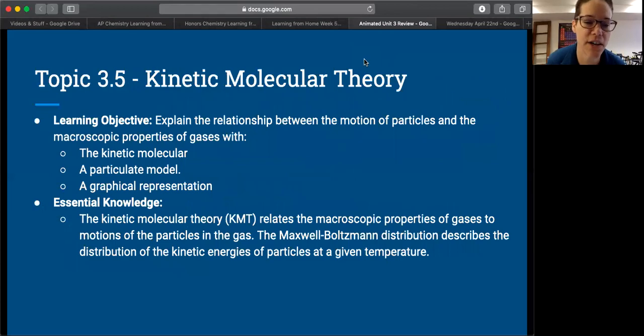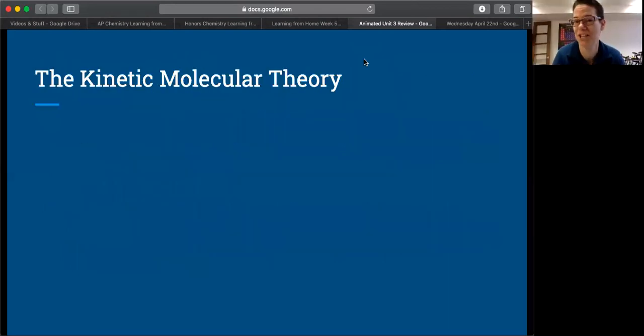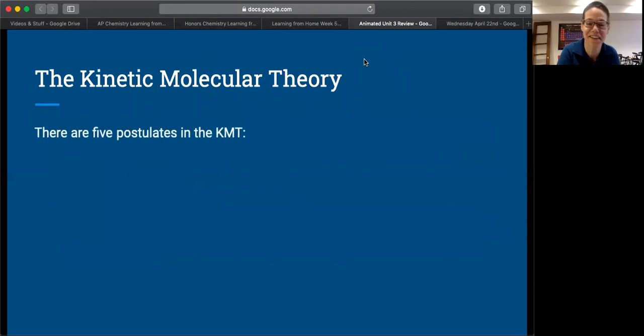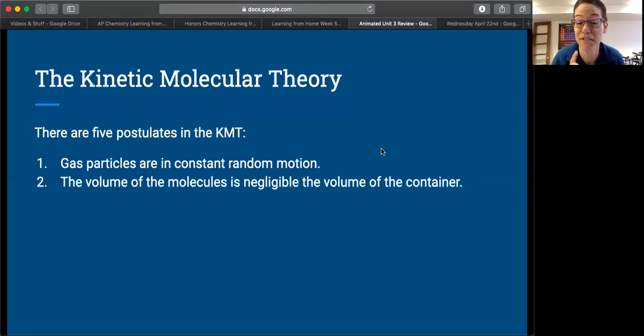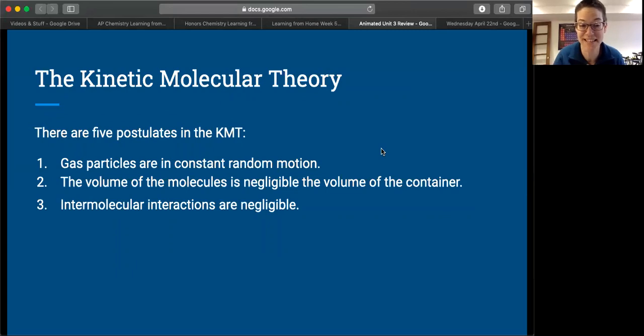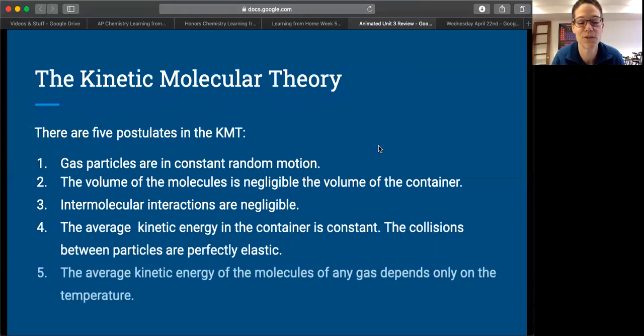Kinetic molecular theory. This is all just like, hey, the particles, they move. They move faster with more temperature. So they constantly move. The volume of those things doesn't particularly matter. The attractions don't particularly matter. The collisions are elastic.